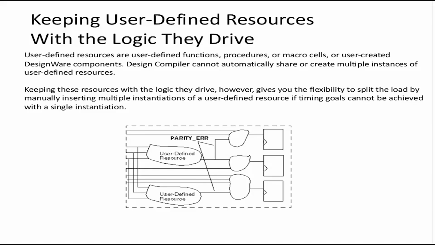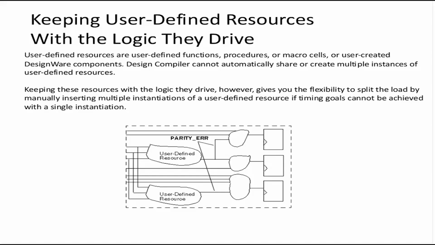If the function is not simple, for example, there is a very special memory, this special memory can never be inferred; it can only be instantiated. So it should be part of your RTL itself, as an instance. Design Compiler will not create multiple instances of this to resolve any timing problem or any loading problem.